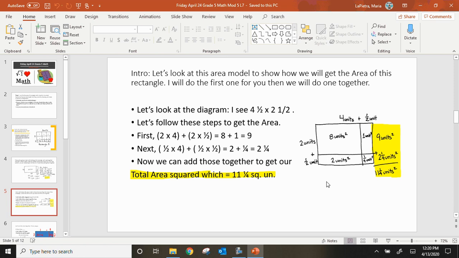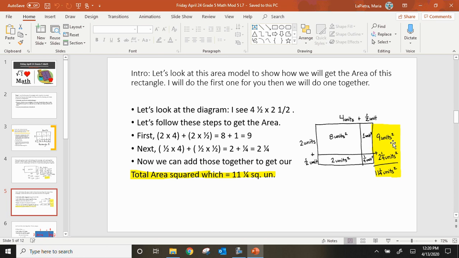So now you have a mixed number multiplied by a mixed number, and they broke up this mixed number by saying 2 plus the half, and they broke up this mixed number by saying 4 plus that half. Okay, so first we're going to say 2 times 4 is 8, and 2 times a half is 1, and 8 plus 1 equals 9.